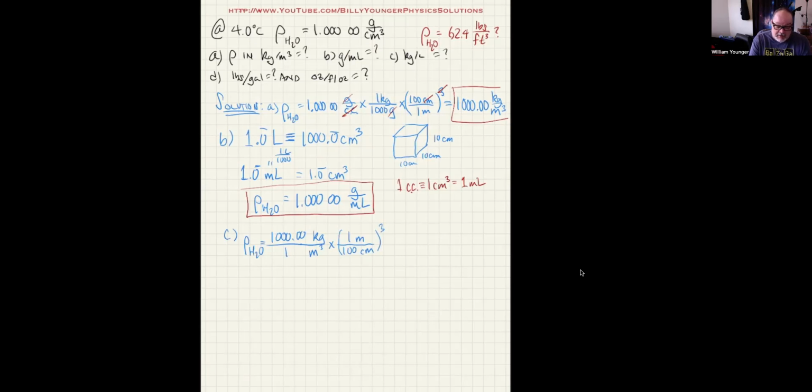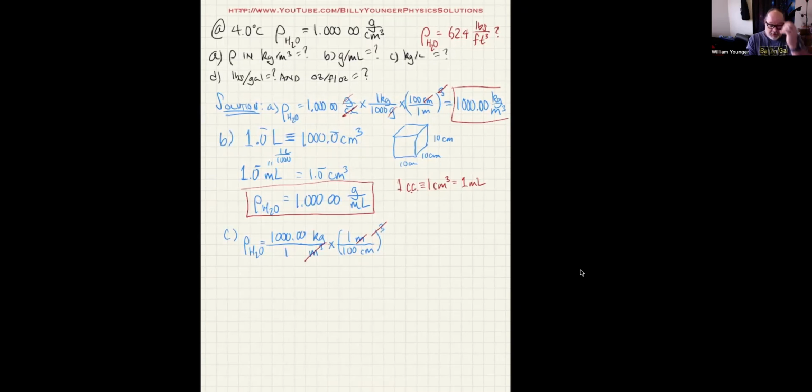And I'd already have, in fact, 10 to the -3 kilograms per cubic centimeter or something like that. So what we can see now is I've now canceled out the cubic meters, and I've now got it in kilograms per cubic centimeter.